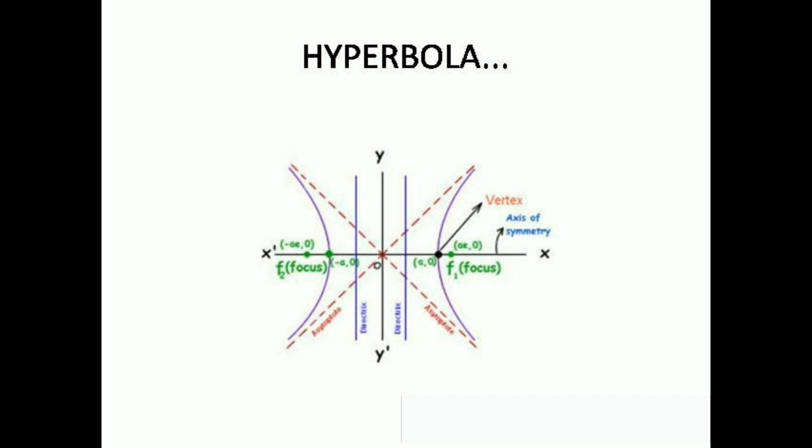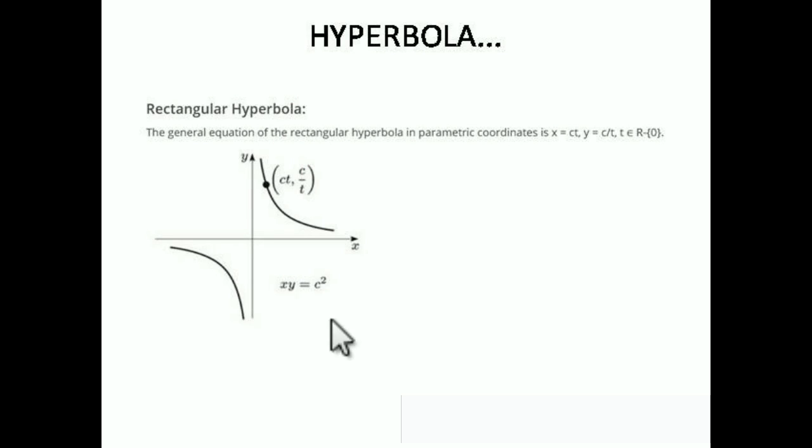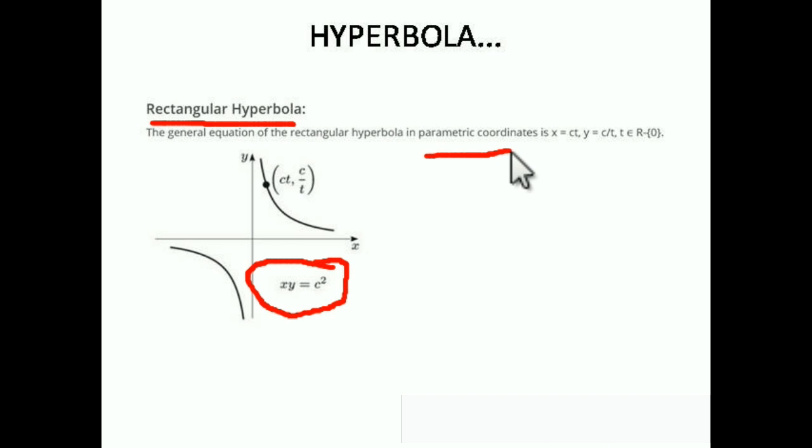Then another major type of hyperbola is the perpendicular, or we can say rectangular hyperbola, and the common equation is xy is equal to c square. For this type of hyperbola, the parametric coordinates are x is equal to ct and y is equal to c by t. Just put x is equal to ct and y is equal to c by t in the left hand side of this equation and you will get the right hand side automatically.